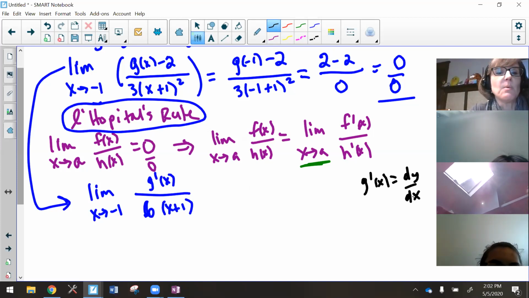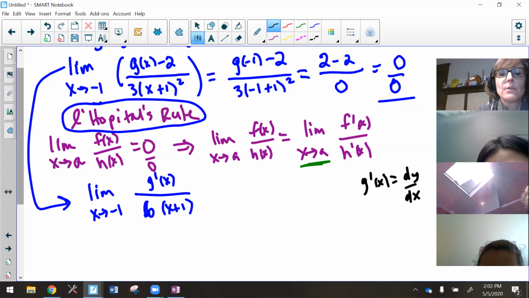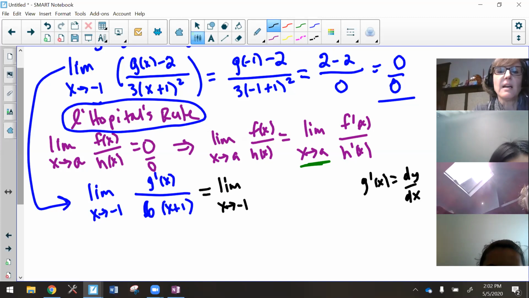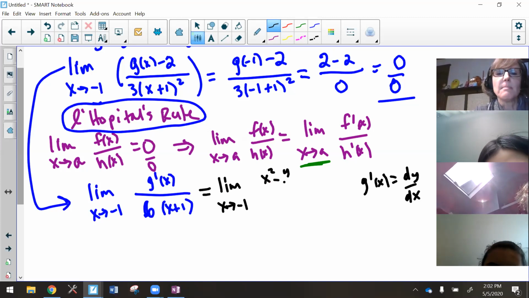And it's the same dy dx that I had in the beginning. Okay. So this is going to be equal to the limit as x goes to -1 of x squared minus y over 2 over 6 times x plus 1.